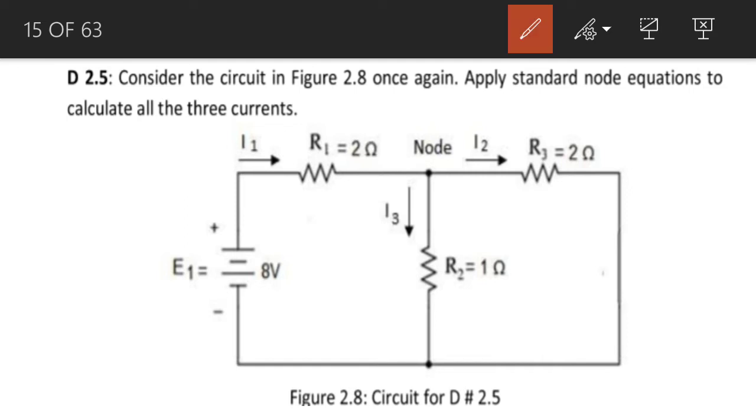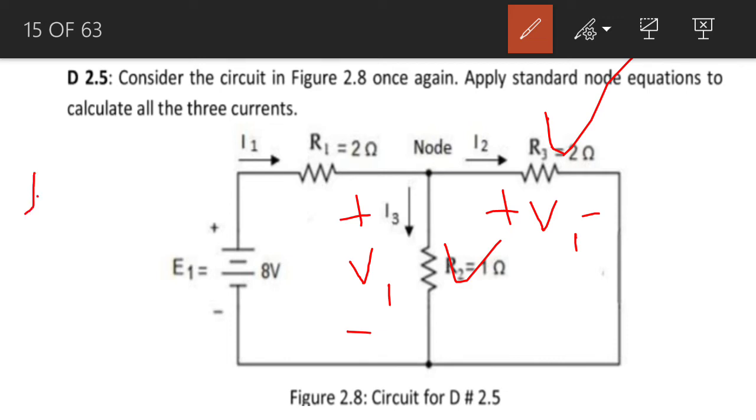You see, the voltage across this resistor is V1, and the voltage across this resistor will be V1 as well. Why? Because these two resistors are in parallel. So the voltage across R2 will be equal to the voltage across R3. This voltage V1 appears across the resistor R2 as well as across the resistor R3, because R2 and R3 are in parallel.